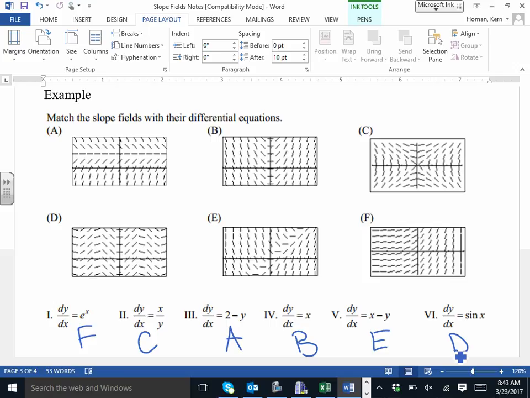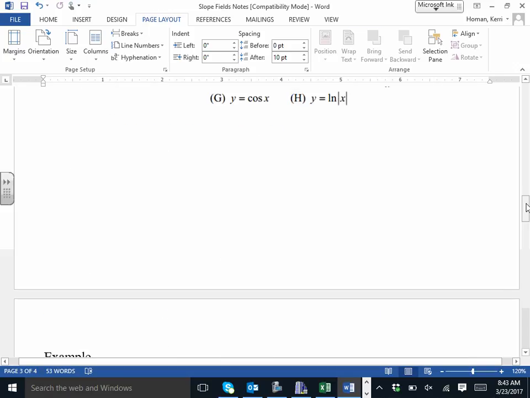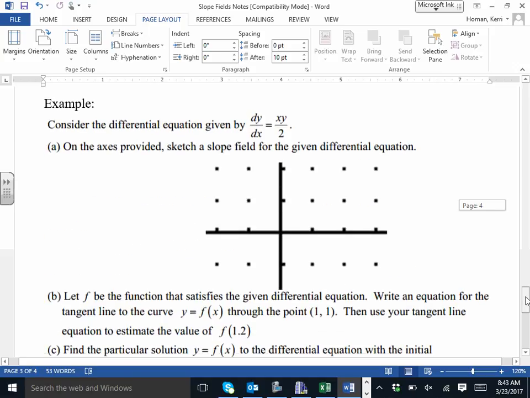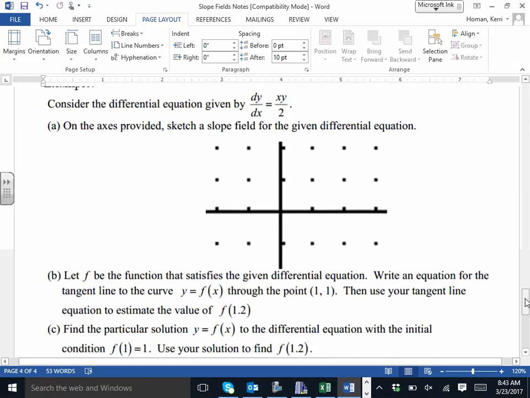Okay, so let's go to your last problem. I want everybody to take 2 minutes and fill in the slope field for, what is this, x y divided by 2.